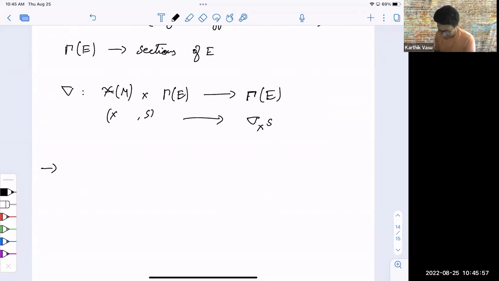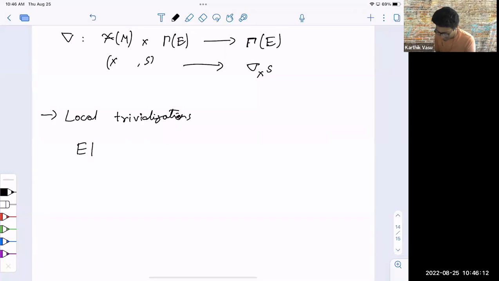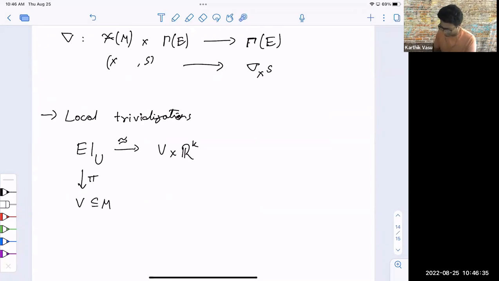So vector bundles also had local trivializations. What this means is there will be some open set U here such that this is isomorphic to V cross R^k, where if you take the projection of this, it will go into V, a subset of M. So there's an open set on E called U, and when you take the image down to here, it's V. Locally, around every point, you'll have such a structure.